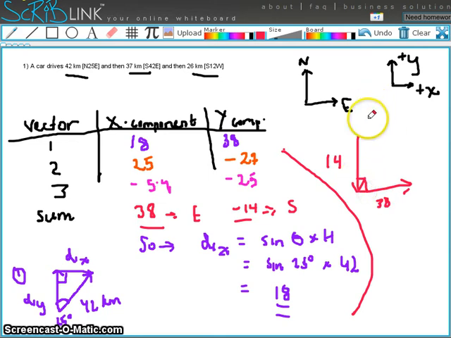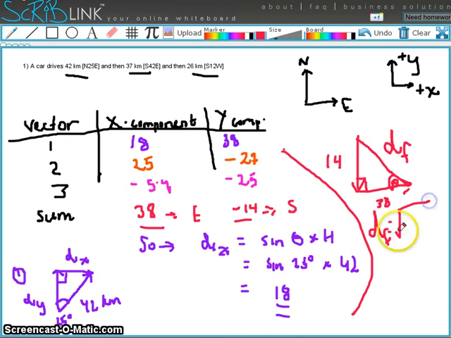We have this, and we don't actually know what this is. This is your final displacement, if you will, and we don't know your angle here. So you simply find df with your Pythagoras relationship, 14 squared plus 38 squared, and that should give you 40 kilometers.